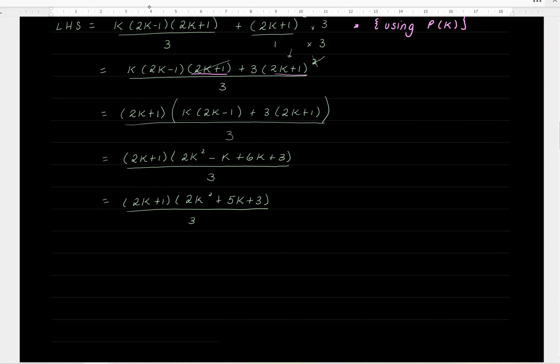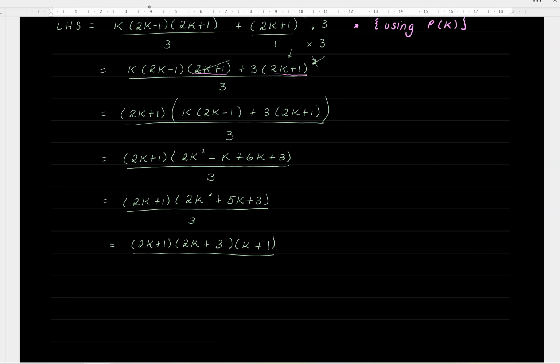Now, if you're not great at factorizing, you can have a look at that right-hand side, and it basically tells you what to do, but it's much more satisfying if you just factorize it here. So the only way I can get 2K squared is to say 2K times K. The only factors of 3 are 1 and 3, and because everything's plus, it has to be the plus here, and it has to be the plus 1 there, and that pretty much looks like the right-hand side to me.